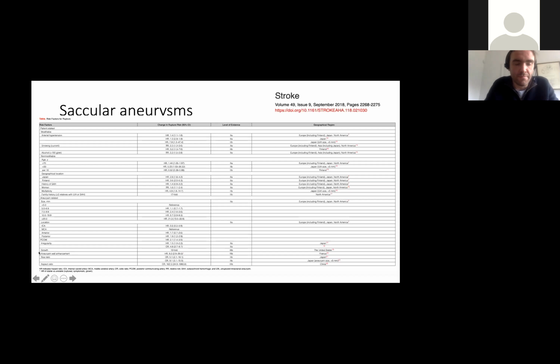But you can give contrast to these and image the aneurysm in very high definition, and you can look for enhancement of the wall, and that's considered to be possibly related to an inflammatory process going on within the wall, and therefore an indicator of impending rupture.